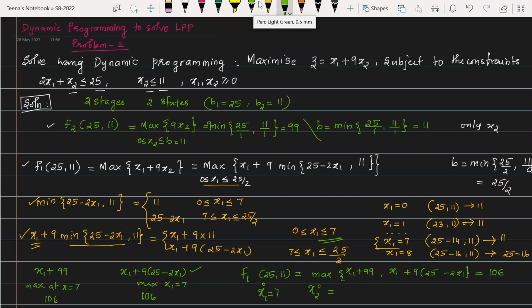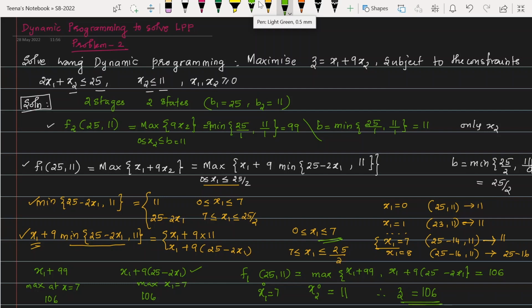At x1 equal to 7, it is 25 minus 14, it is 11, and hence x2 optimum is equal to 11, and therefore we get maximum Z is equal to 106.